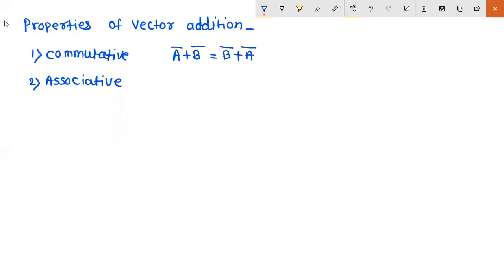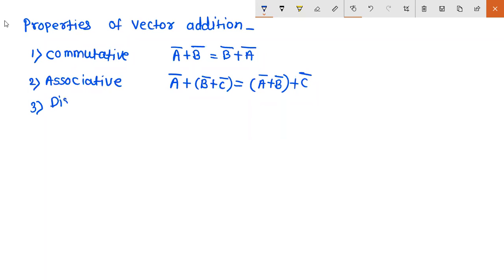Associative means if we take three vectors A bar, B bar and C bar, and take a bracket for two vectors, A bar plus in bracket B bar plus C bar, then it is equal to in bracket A bar plus B bar, bracket complete, plus vector C bar. That is associative.